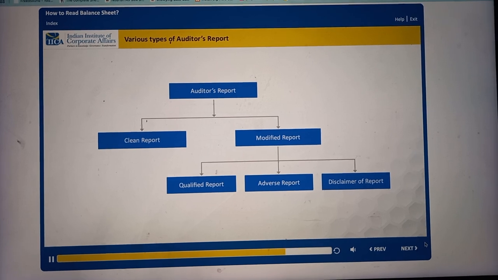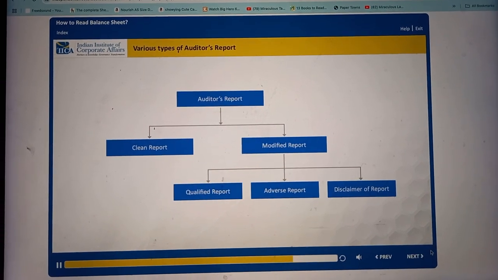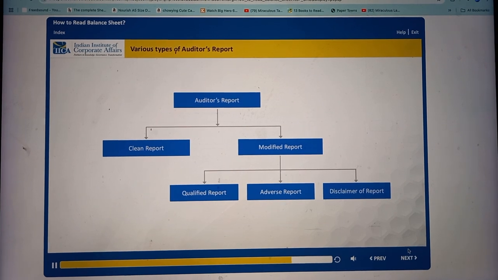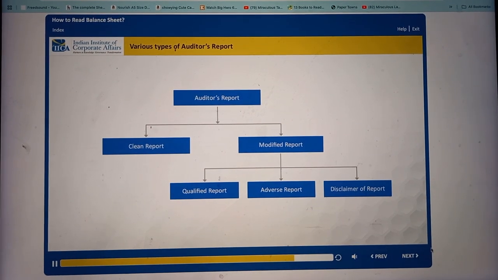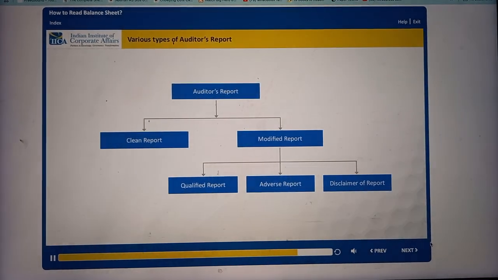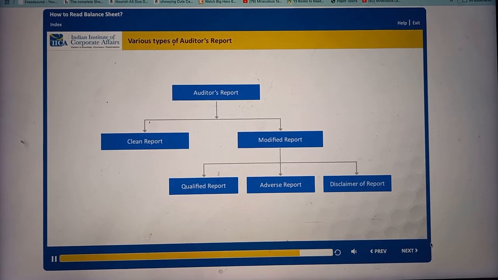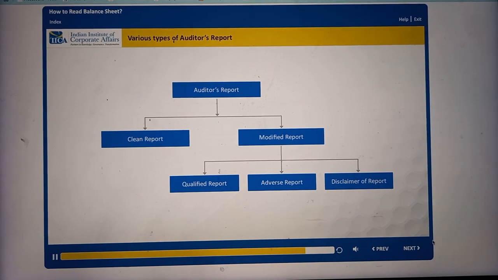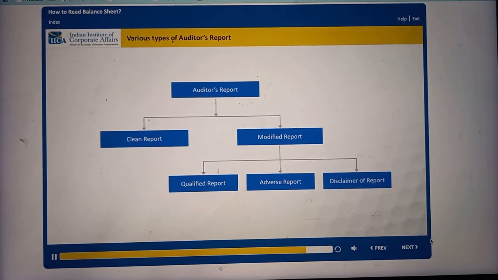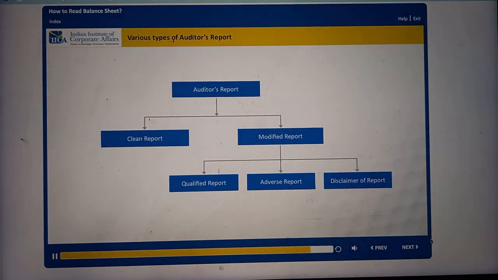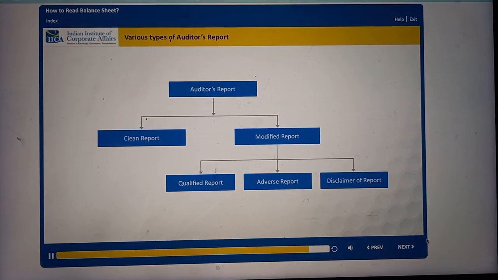Friends, disclaimer of opinion or disclaimer of report may be with a particular branch, a particular unit, a particular undertaking, or particular operations of the company, or if a company has certain subsidiaries and one of the subsidiaries has not kept proper books of accounts and proper records, he may issue a disclaimer of opinion with respect to that particular company or subsidiary when he is issuing a consolidated auditor's report.